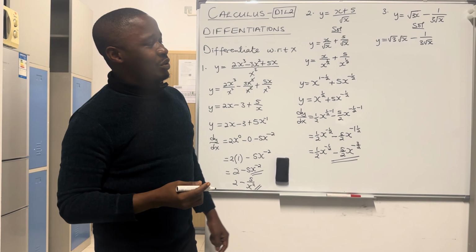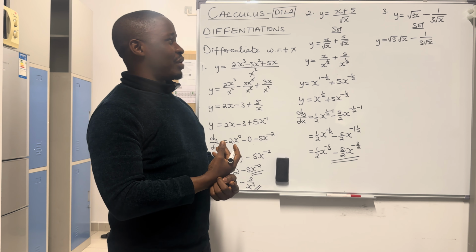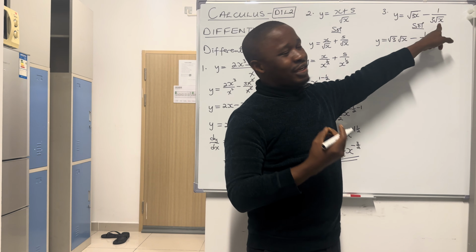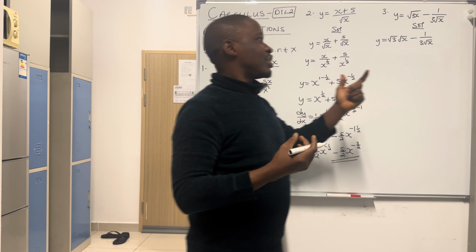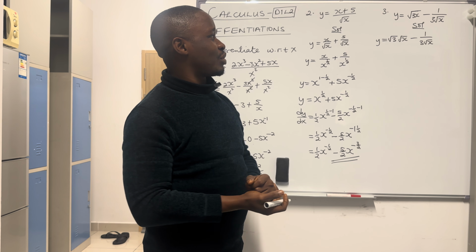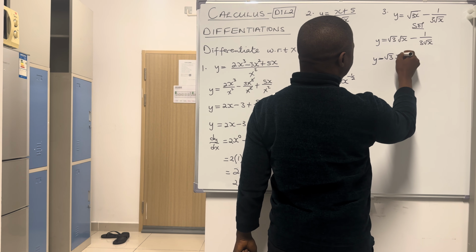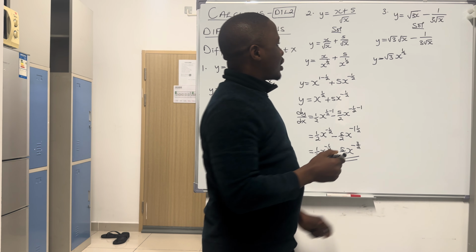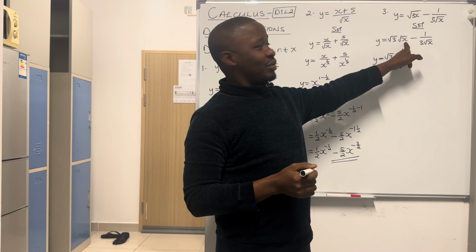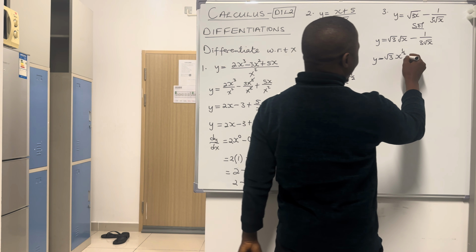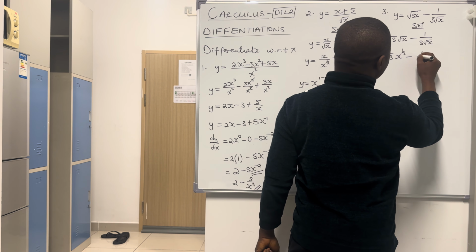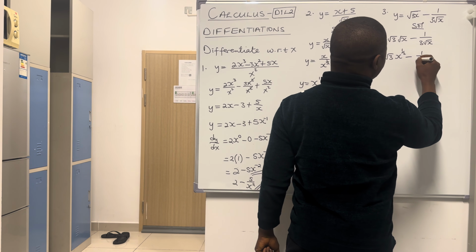But the problem here is we don't want the denominator to have the variable. We have only one denominator, which is not an expression, so we can separate that one. Root x is x to the half. The square root of a value is that value raised to power half. Minus 1 over 3 x raised to half.